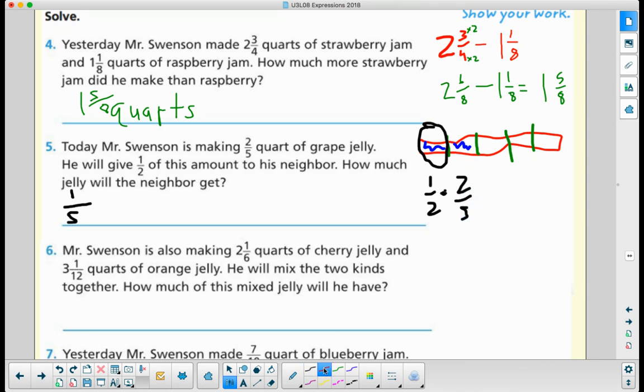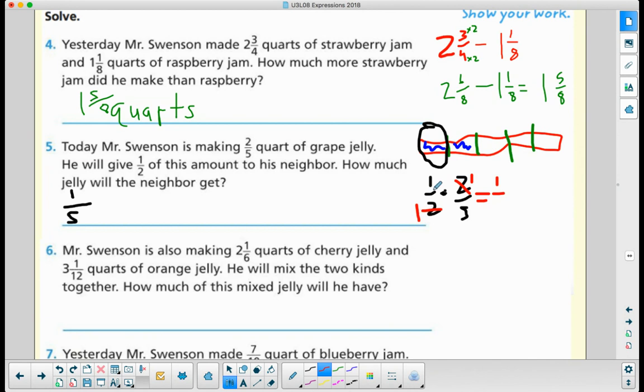I know some students don't like to, but my favorite thing is to factor first. 1 and 5, the only common factor they have is 1. 2 and 2 both have 2 as a common factor. There's 1, 2, and 2. Now when I multiply numerators, 1 multiplied by 1 is 1.